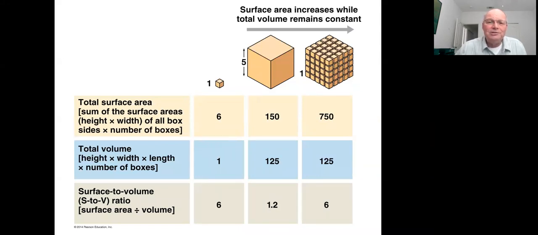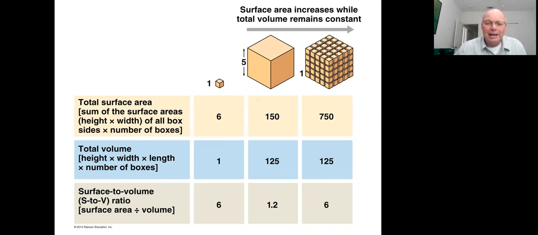And seeing as how each edge is 1 unit in length, that would be 1 times 1 times 1, which is 1 cubic unit. And so the surface area to volume ratio is 6 divided by 1, or 6 over 1 if you want to put it as a ratio, 6 to 1.